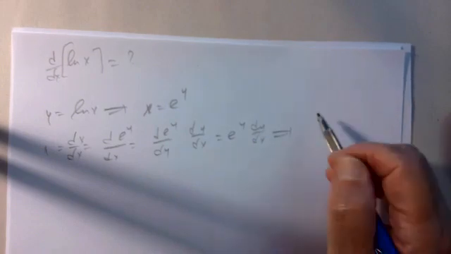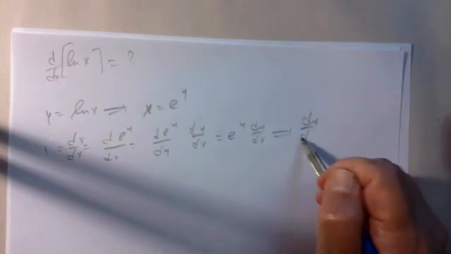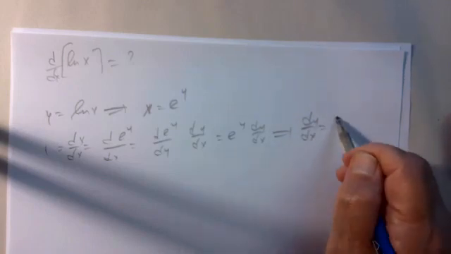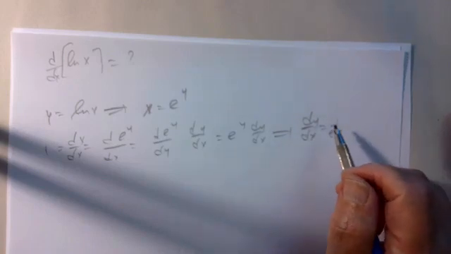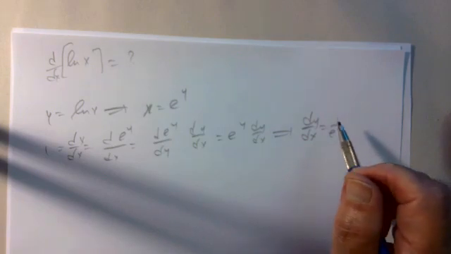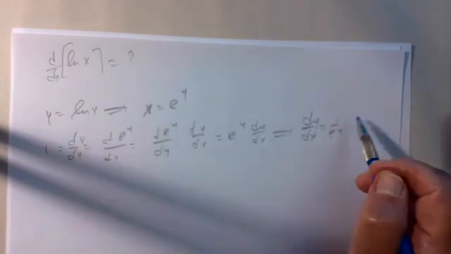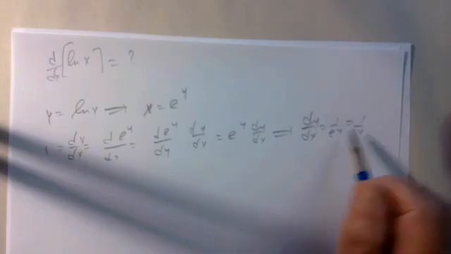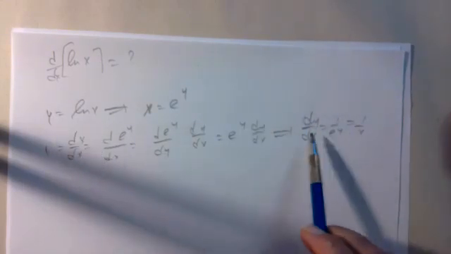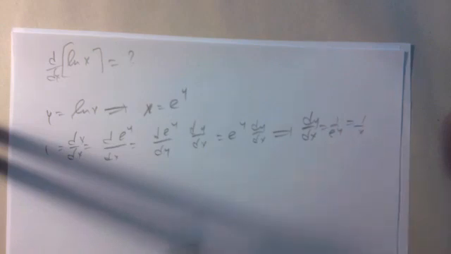So what we get is that dy dx equals 1 over e to the y. What is e to the y? y is log x, so e to the y is x. This is 1 over x. y is log x, the derivative is 1 over x.